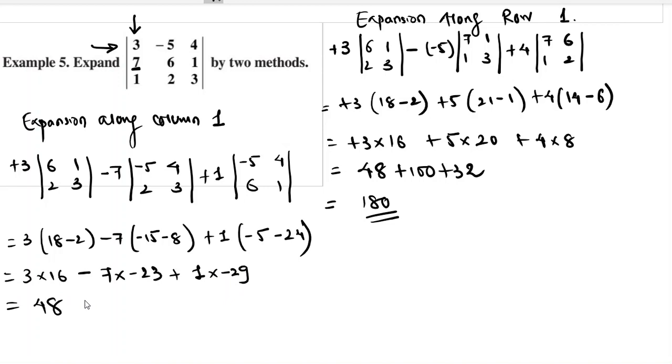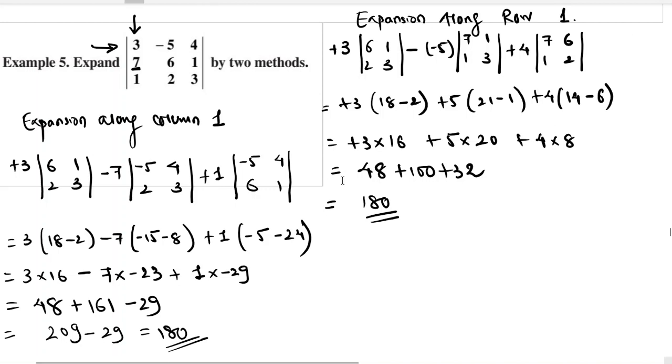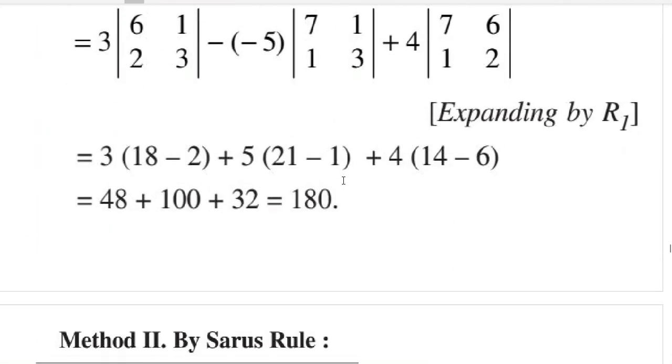So this is 48 plus 161 minus 29. So this becomes 160 plus 40 is 209 minus 29, which is 180. So no matter by which column or by which row you expand, the determinant remains the same, right? That's 180. Let's check the answer.